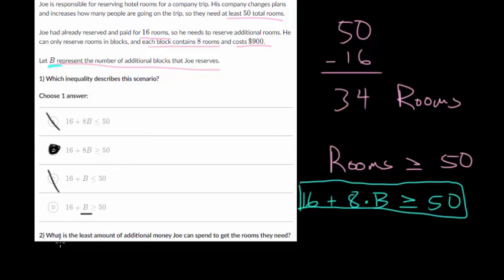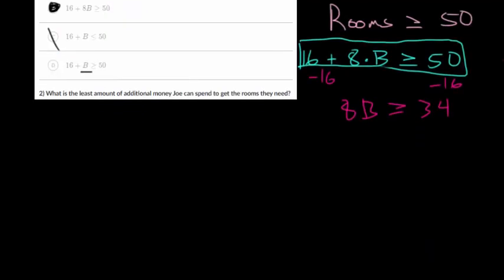Now, what is the least amount of additional money Joe can spend to get the rooms they need? Since we know that each block is $900, we can just solve for B here to try and figure this out. So let's subtract 16 on each side. We get that 8B is greater than or equal to 34. So you do actually end up with this number at some point.